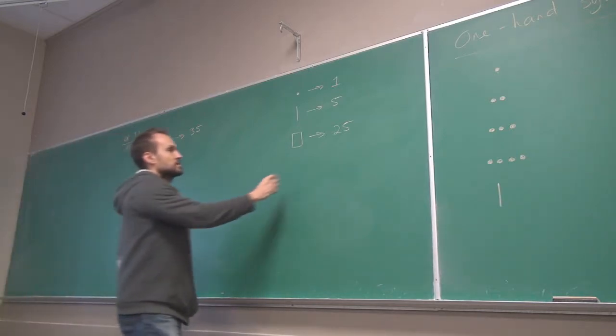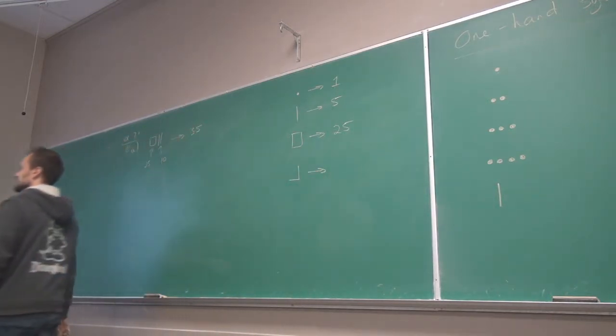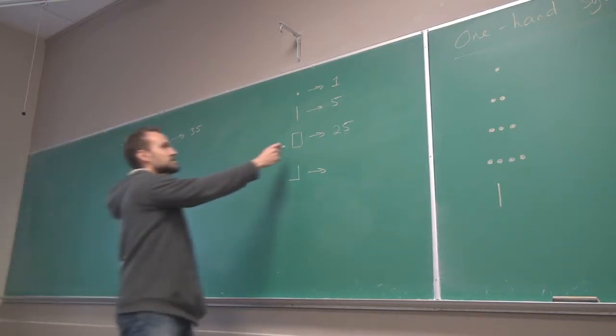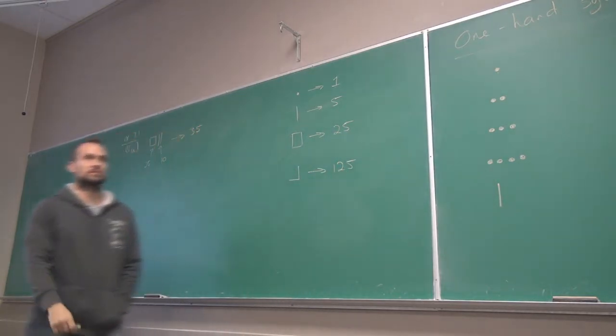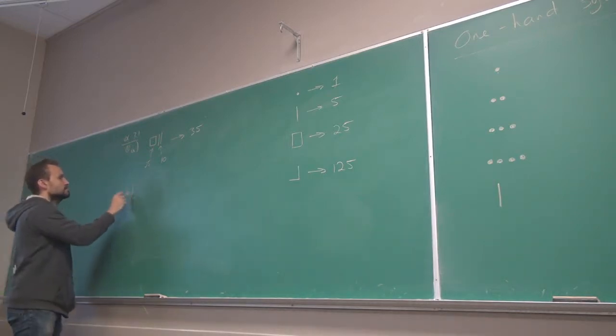Out of curiosity, in case it comes up, what would a foot represent in our language? 5 hands, so 5 times that, 125. And we're not going to go much bigger than that. Any bigger than that.